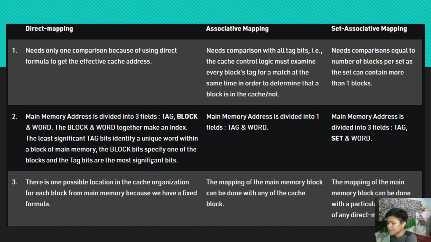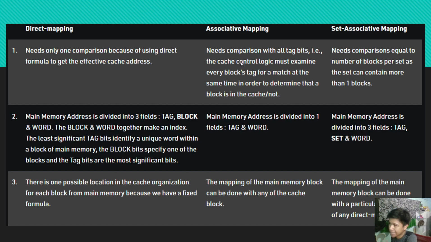So we now have here the summary of each of the mappings. For the direct mapping, this one needs only one comparison because of using the direct formula to get the effective cache address. For the associative mapping, this one needs comparison with all tag bits.